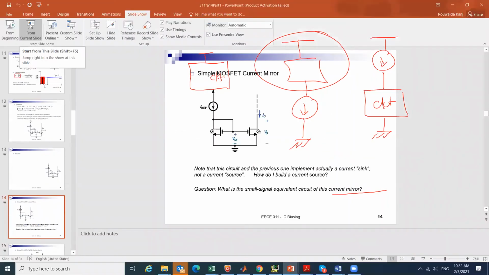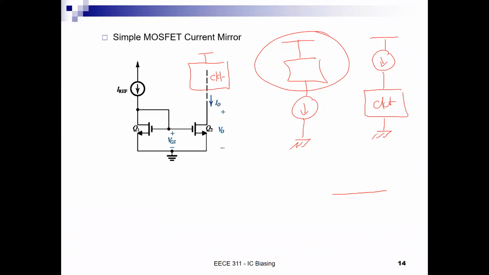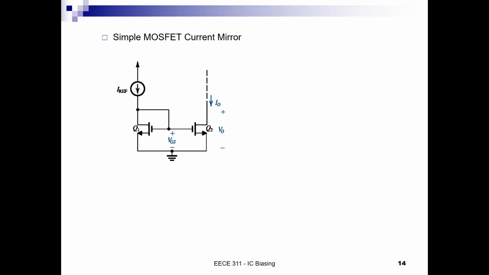Maybe we use PMOS rather than NMOS. So instead of the NMOS, we can use exactly PMOS devices, right?